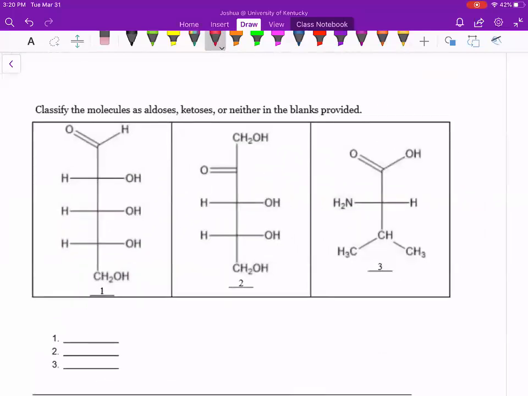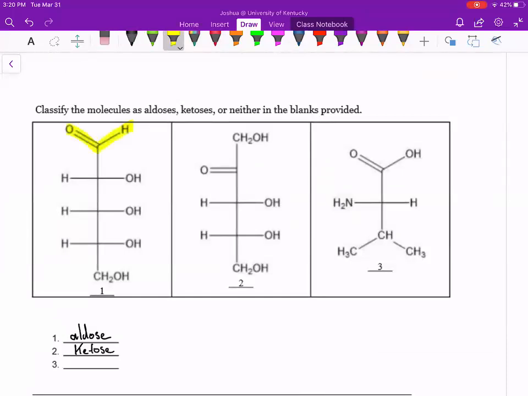Classify each molecule as aldoses, ketoses, or neither in the blanks provided. Molecule 1 is an aldose. Molecule 2 is a ketose.